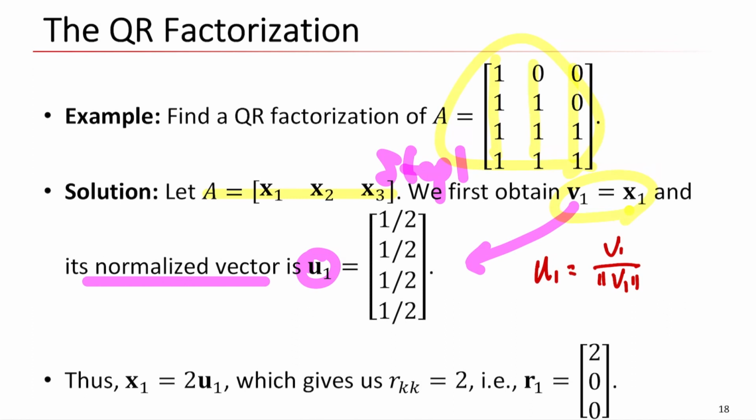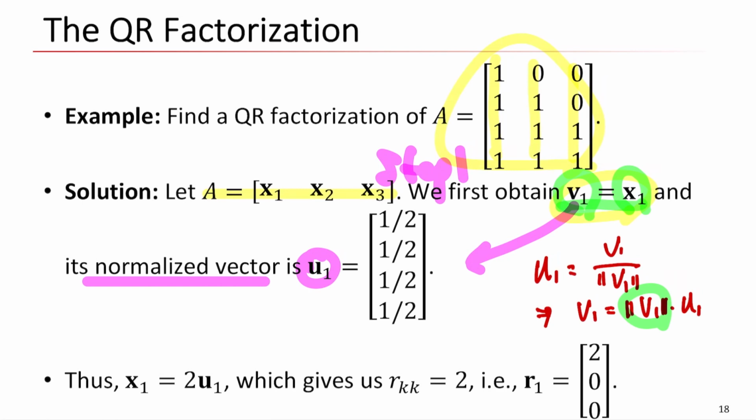Then, because x1 is equal to v1, let's say it like this: v1 is equal to the length of v1 times u1, right? Actually, here v1 is equal to x1, so we can compute this.